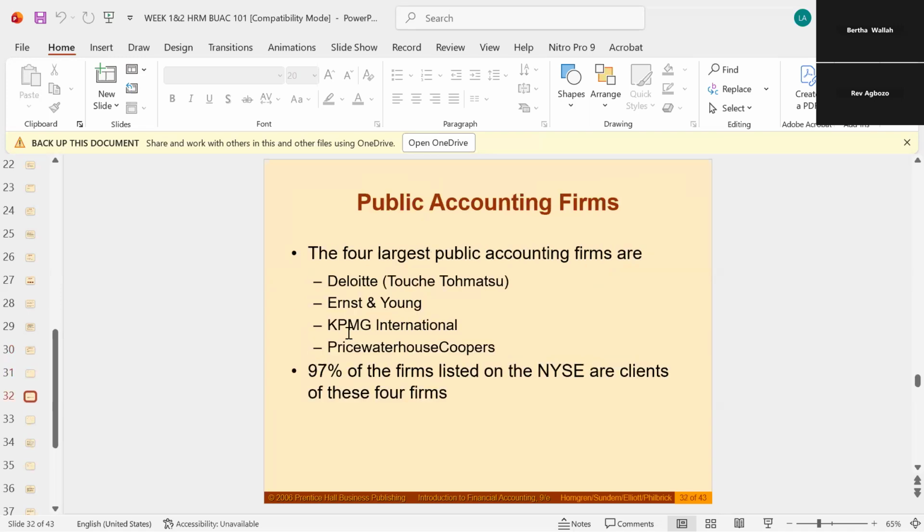All of this is done with principles, and that is what we call accounting principles. So you don't just get up and report anyhow. There is a principle to follow, known as accounting principle. There are regulations that govern the preparation of financial statements, and those we call accounting standards.